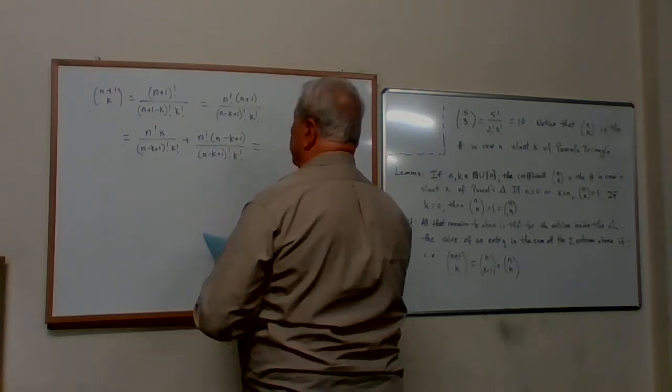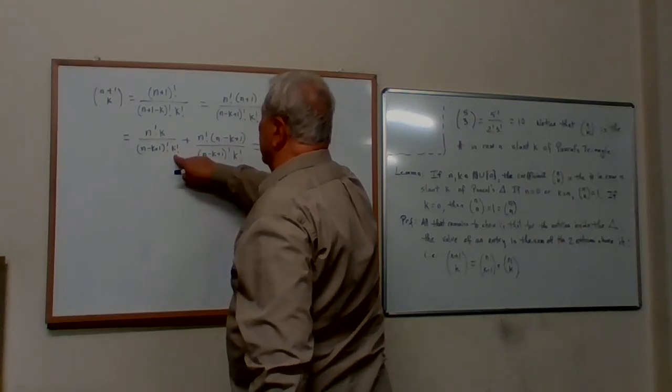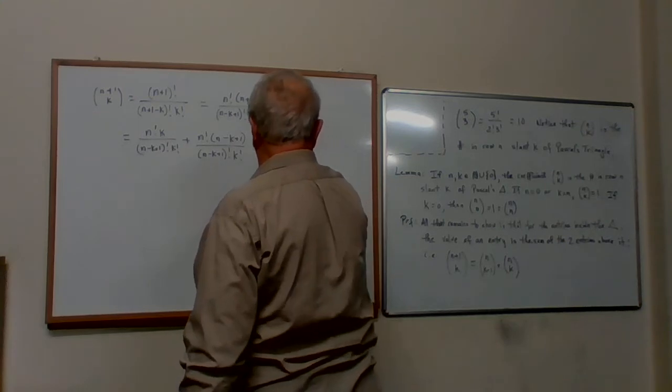And now that's equal to, I've got a k up here, I've got k factorial down there, so that leaves k minus 1 factorial downstairs.